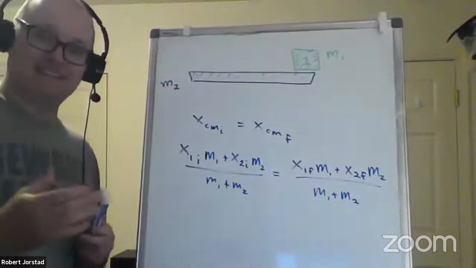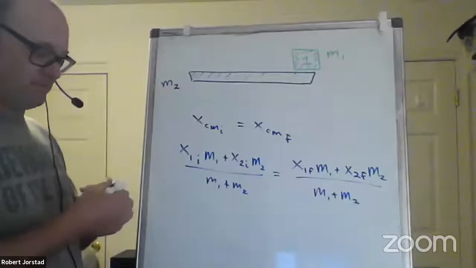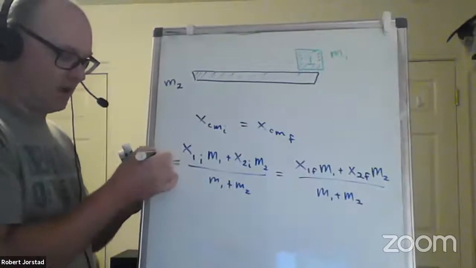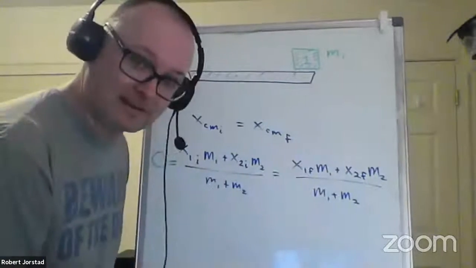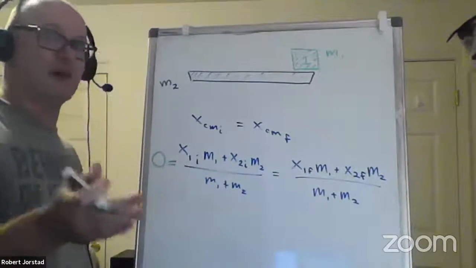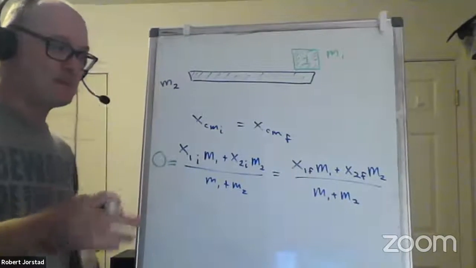If we set the center of mass equal to 0, that means both of these equations are equal to 0, and that means the denominators don't matter. So there's why you might do that. Does that make sense? That's sneaky.